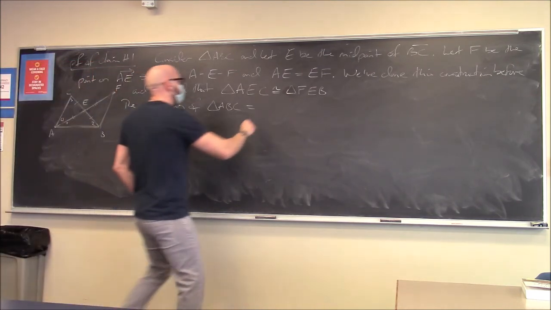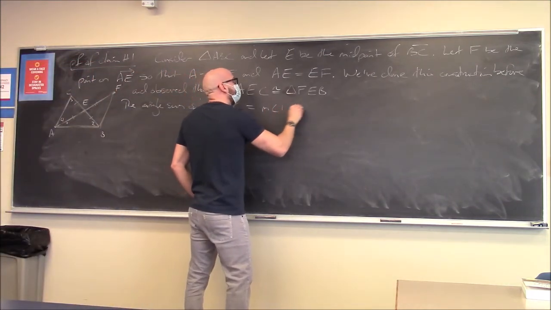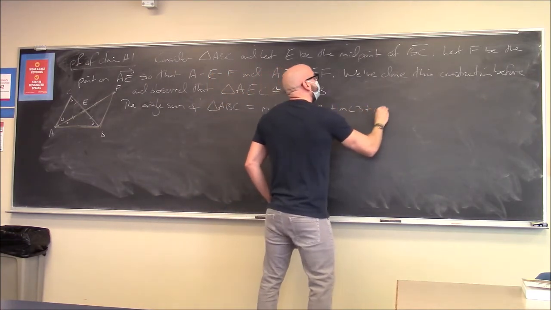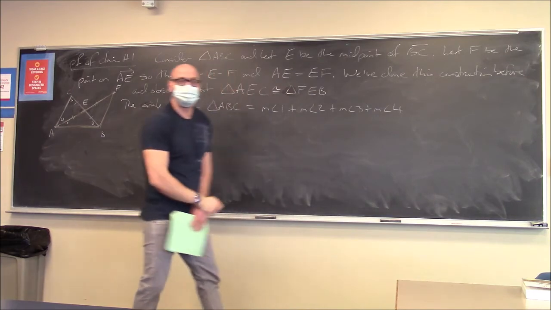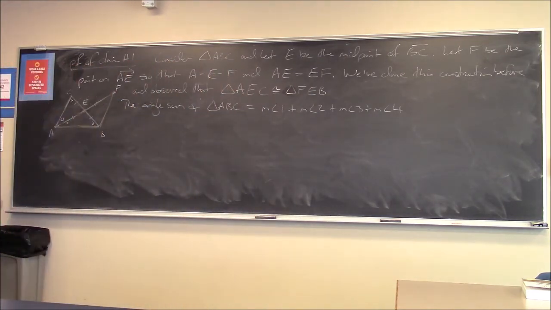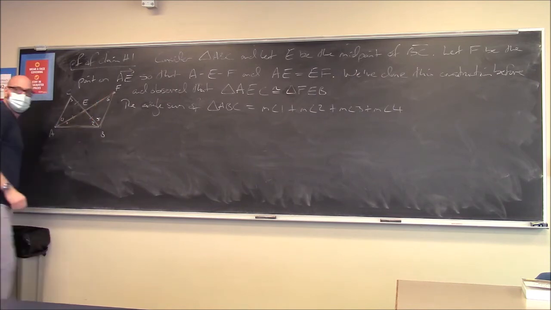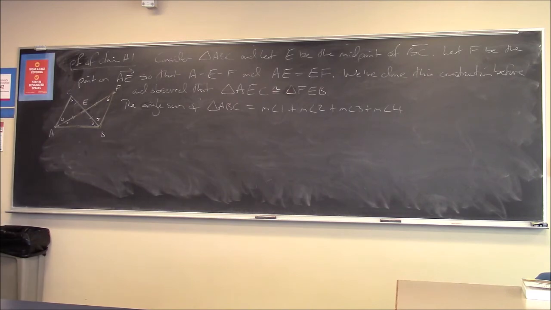So it's equal to the measure of angle 1 plus the measure of angle 2 plus the measure of angle 3 plus the measure of angle 4. And let's label some more angles in this picture, 5 and 6. I think that's all I'll need.